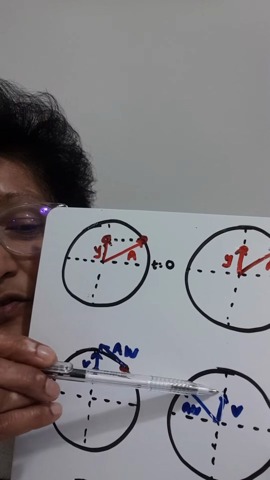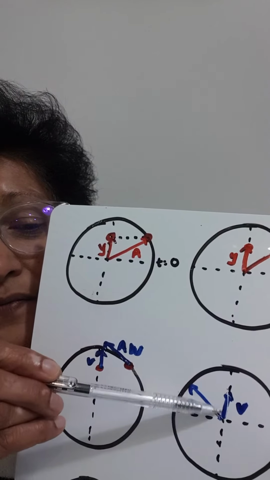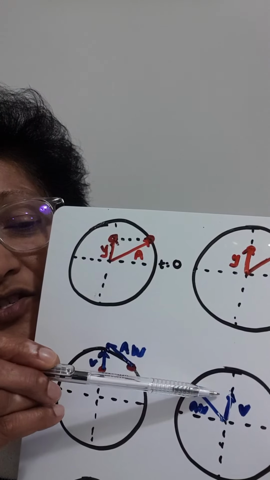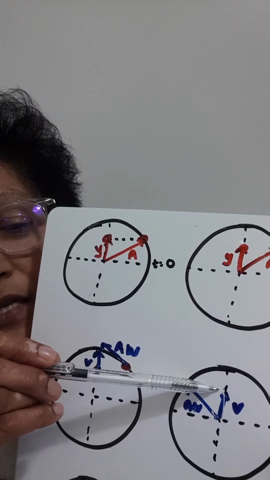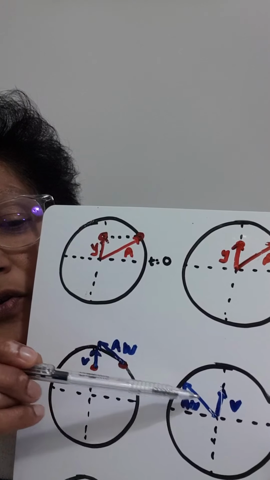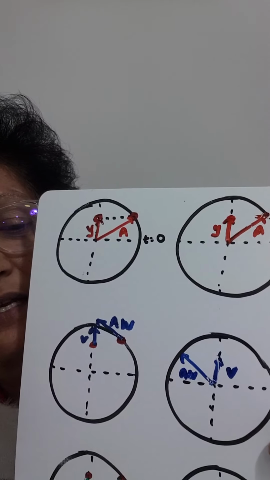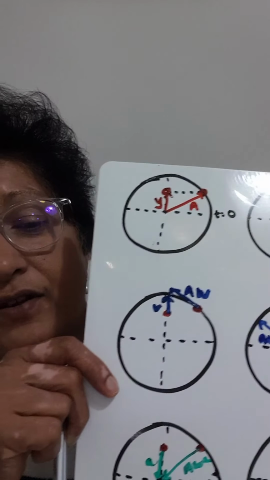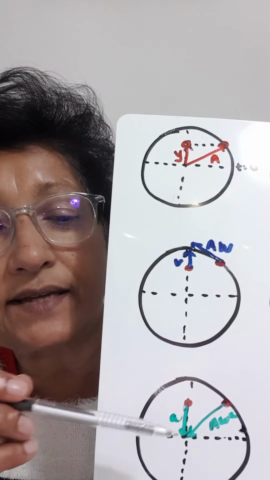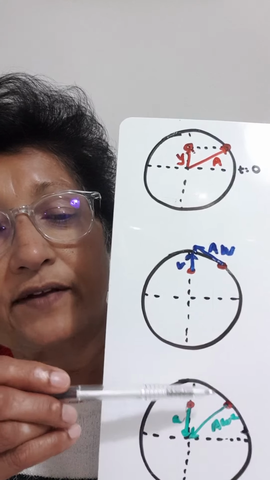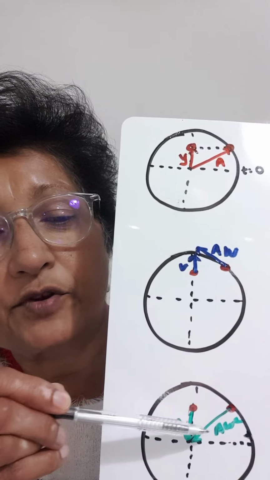Again, if you make this into a triangle, this is just the vertical component of your velocity phasor.